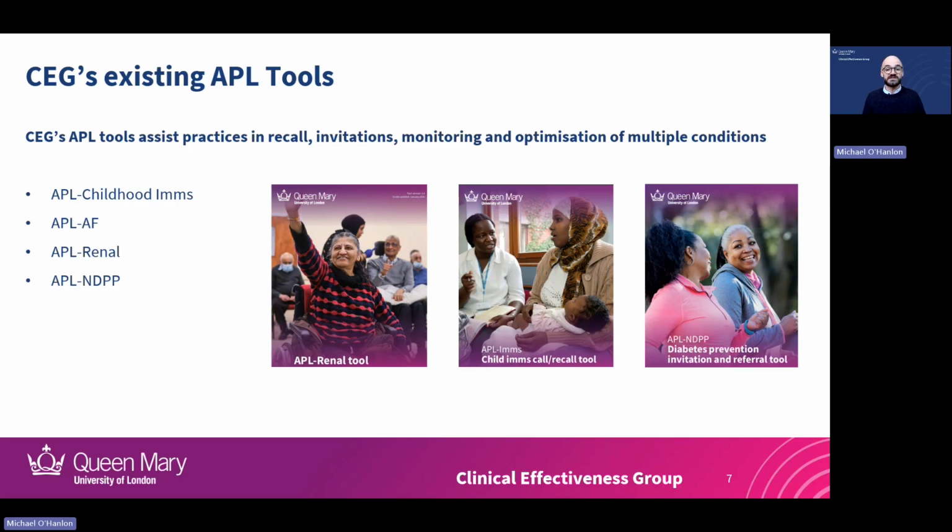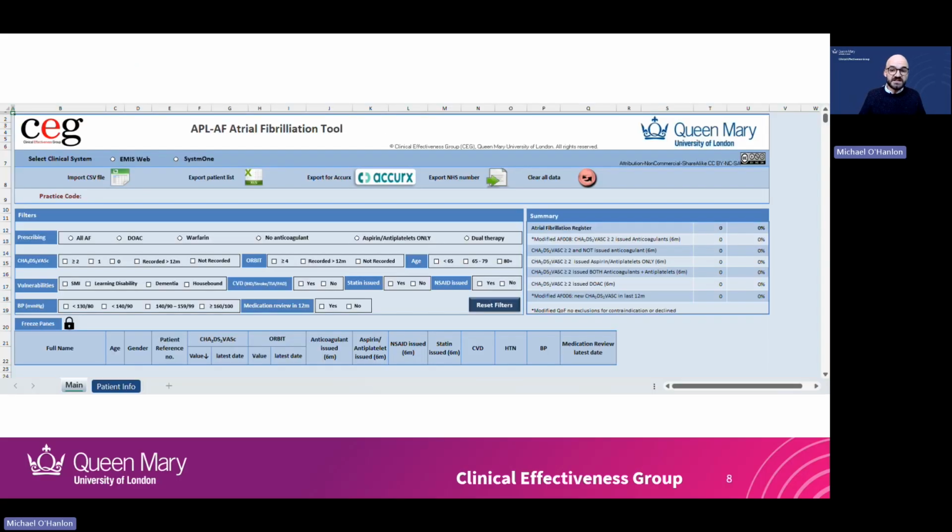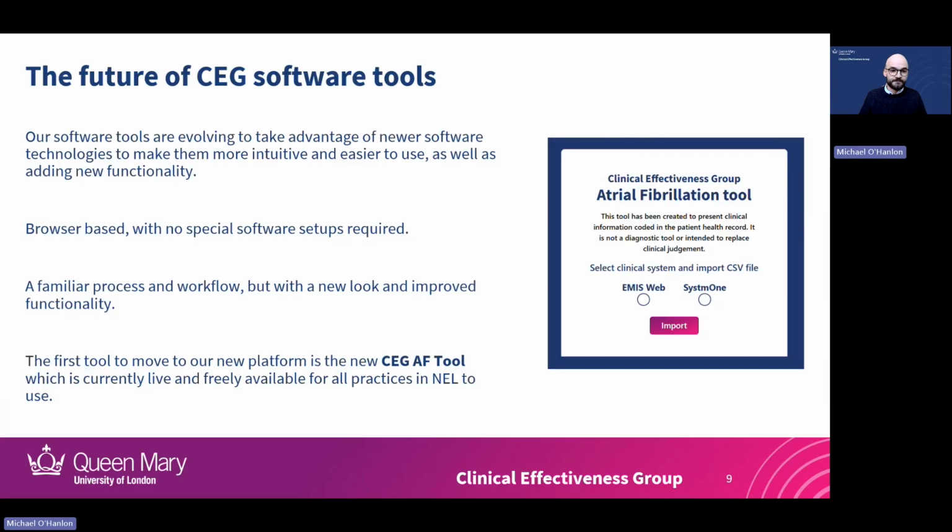And they've been working well in practice for a number of years using Microsoft Excel, which has ensured that the tools were easy to use in a format that's familiar to practice staff, because it's a software suite that every practice system has installed and everyone is familiar with using. And this is an example of what the APL AF tool has looked like.